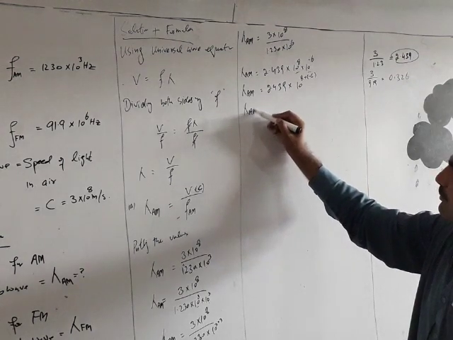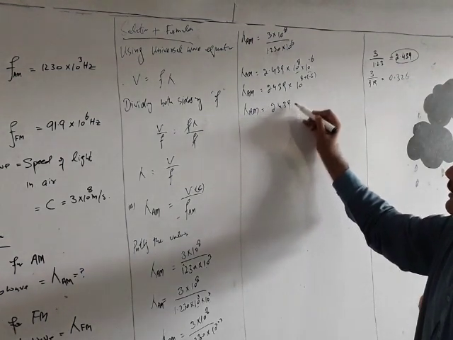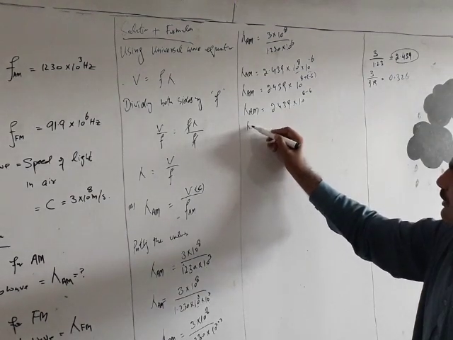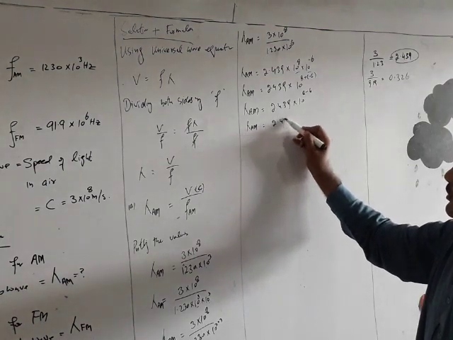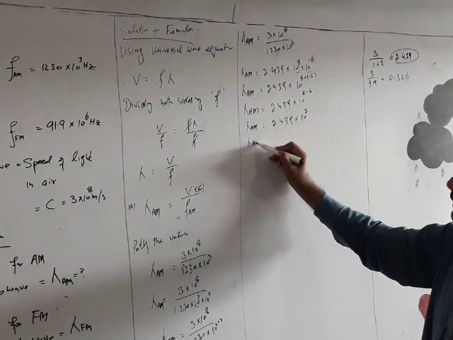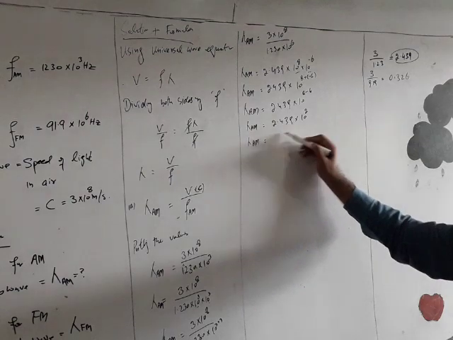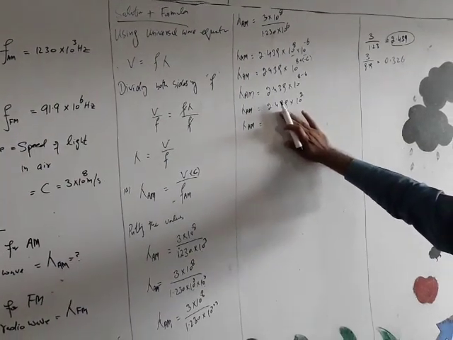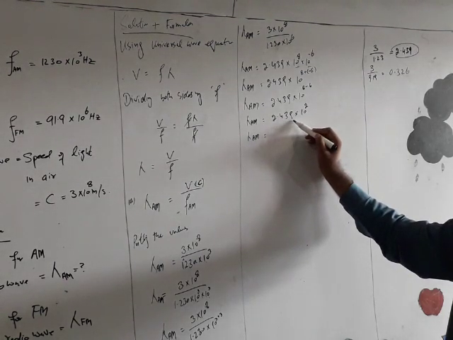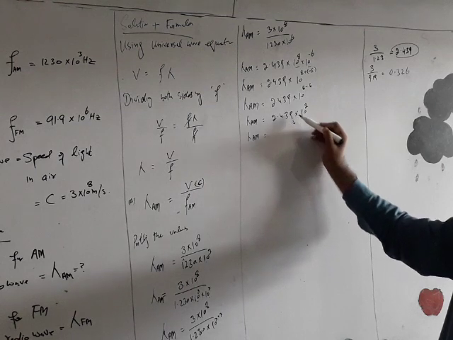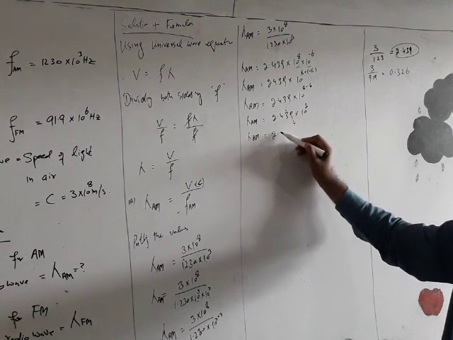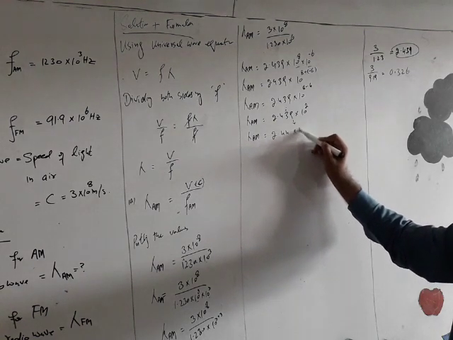So lambda AM will become 2.439 multiply 10 power 8 minus 6, which gives the answer 2.439 multiply 10 power 2. I can also write it by rounding this number to 3 significant figures, as here it is 4 significant figures. Examining the last digit, which is greater than or equal to 5, I will drop it and add 1 to the previous number. So its answer will be 2.44 multiply 10 power 2.